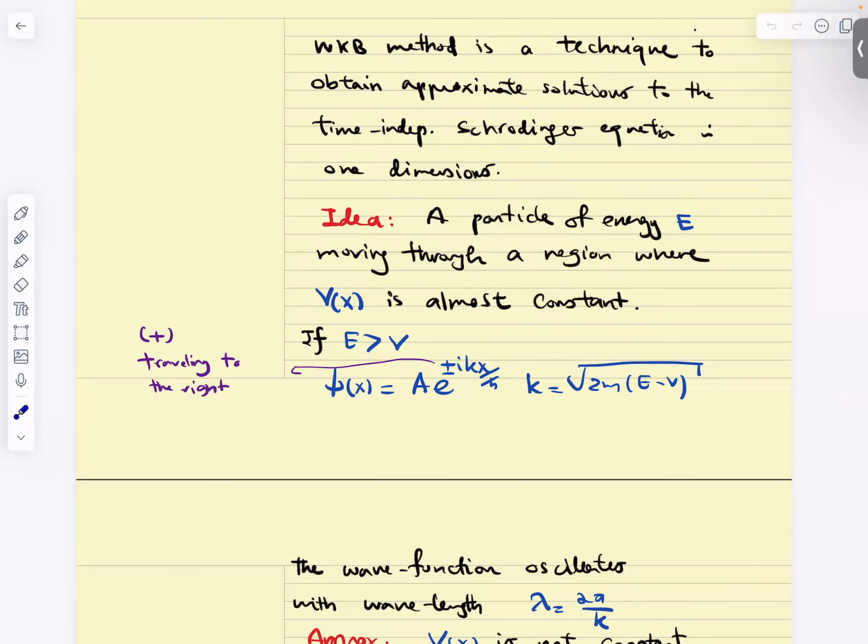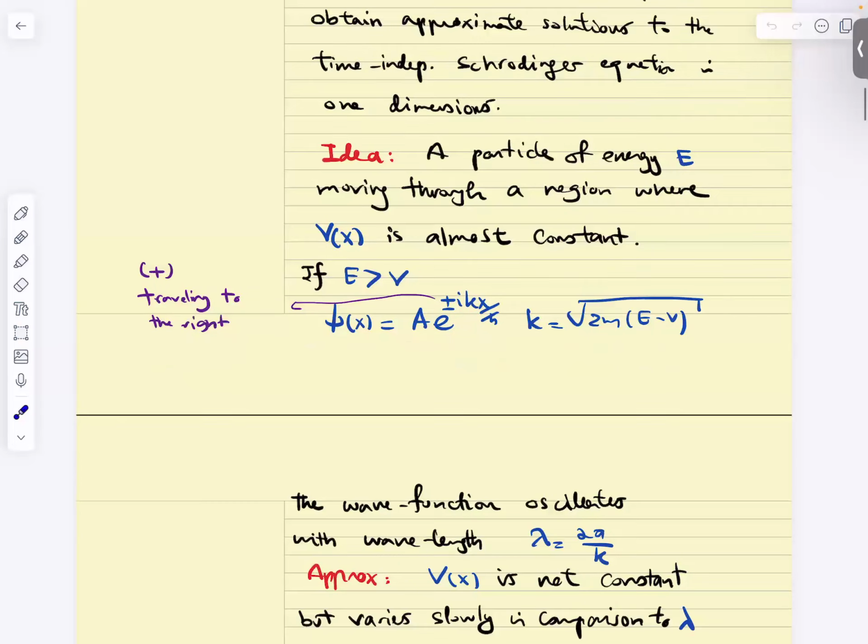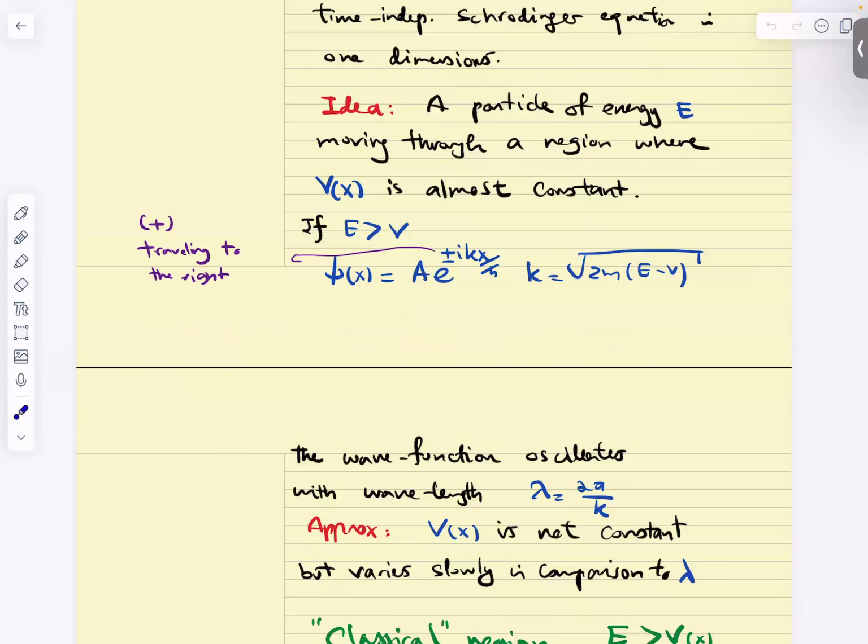So it's an approximation where you locally solve it using a wave equation, and just patch the solution and go along. What is the idea? You just promote this k, which I called p of x, to something x dependent, where the x dependence is in V. Is that clear?